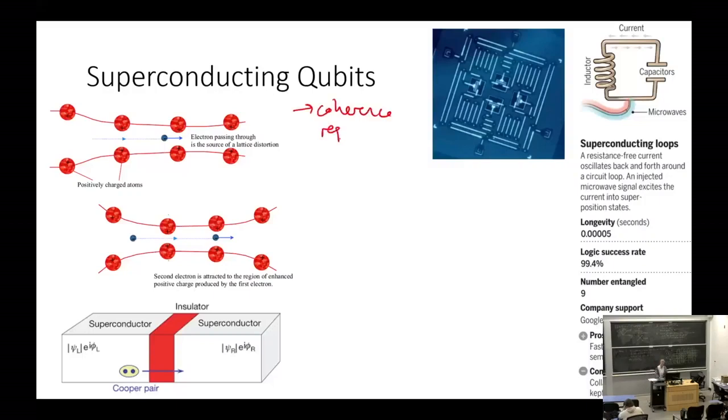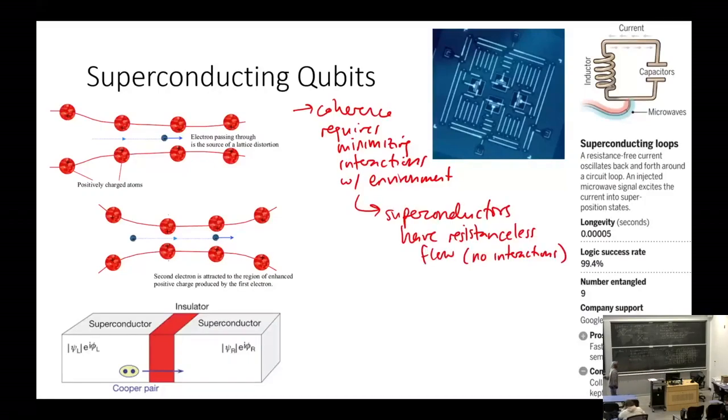So coherence requires minimizing interactions with the environment. Superconductors have a huge advantage in this regard because the superfluid that's created in a superconductor as a result of formation of Cooper pairs is able to move through the material without any resistance. That means without any interactions with its environment.